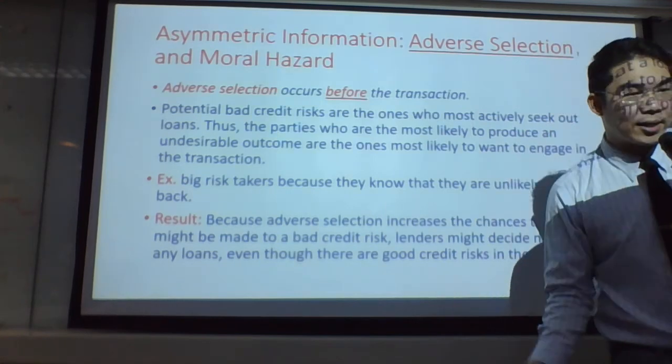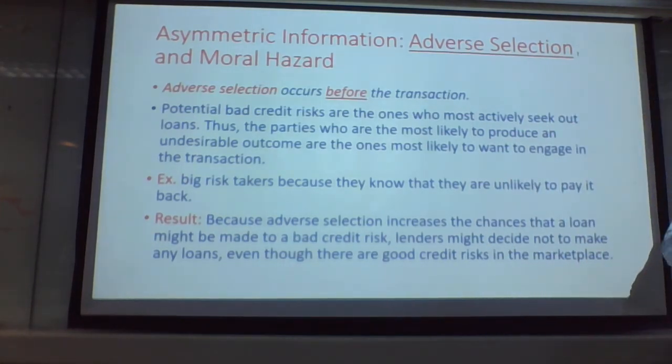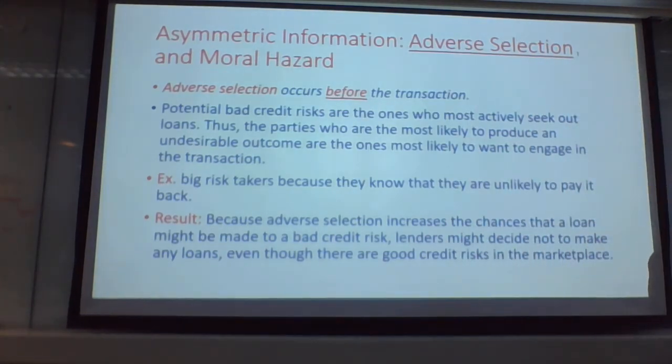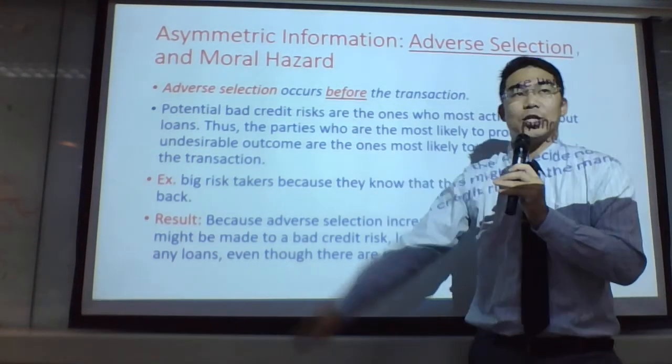So let's think about it in another way. Suppose that the good credit guys knock on the door, but you cannot distinguish between the good credit and the bad credit. Will you lend them the money? No, because you don't know them, right? This is the problem of adverse selection.